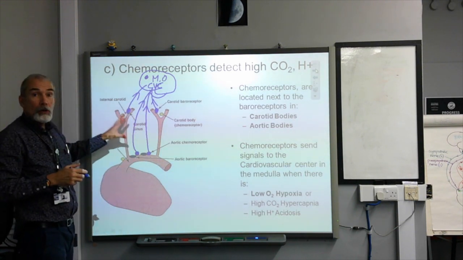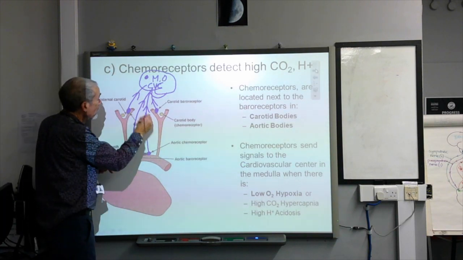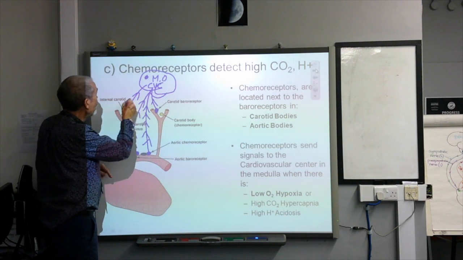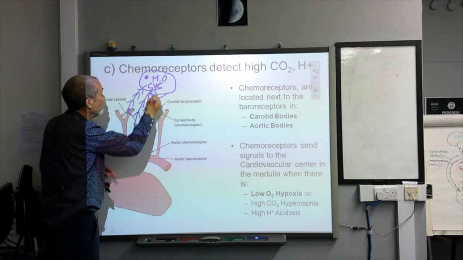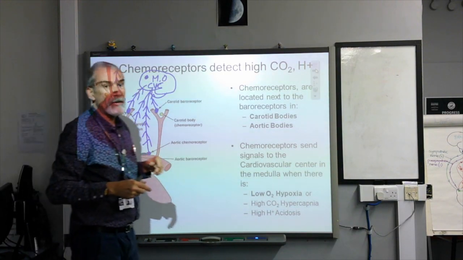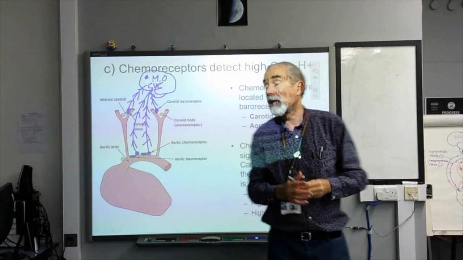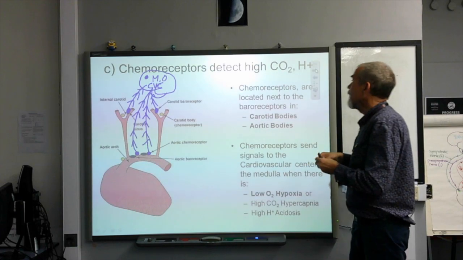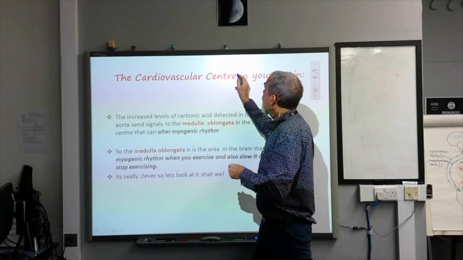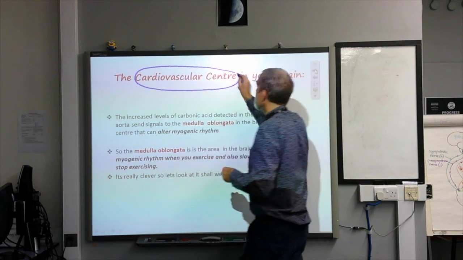The more carbonic acid, the quicker the signals that are sent. The frequency of signals to the cardiovascular centre is increased as the levels of carbon dioxide increase in the bloodstream. So here we have our wonderful cardiovascular centre.